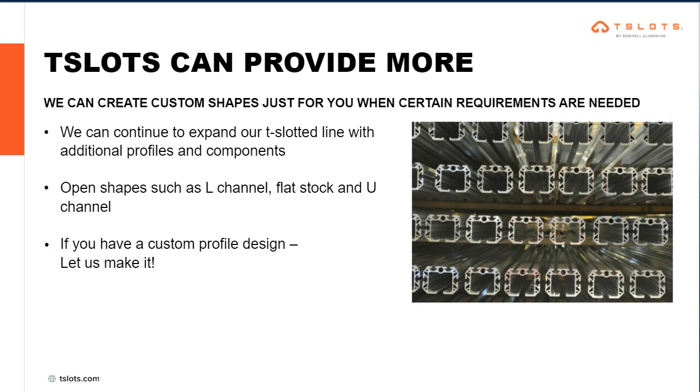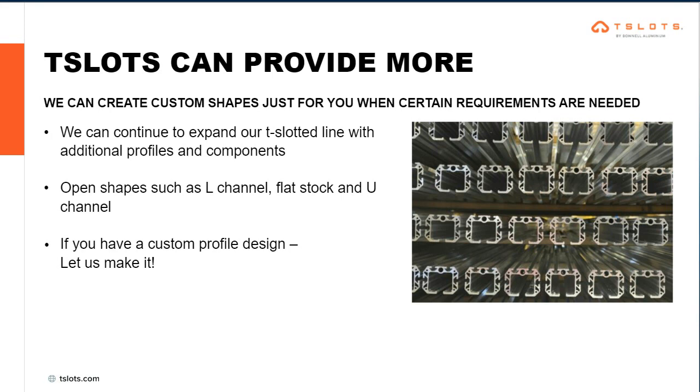and that leads into open shapes. And we call open shapes, generally these are very simple, your L channels, your flat stocks, your U channel. These are something that are generally an afterthought a lot of times when you're designing something. But generally you have to go to a third party, somebody that is buying those from an extruder and then stocking them in-house, where you, the end user, are buying it from them.